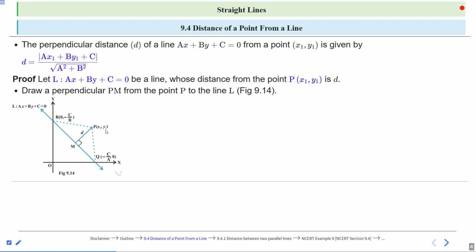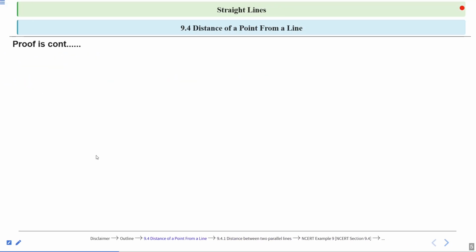So what we have done here is first draw a perpendicular PM from the point P (x1, y1) to the line L. Look at this figure very carefully.